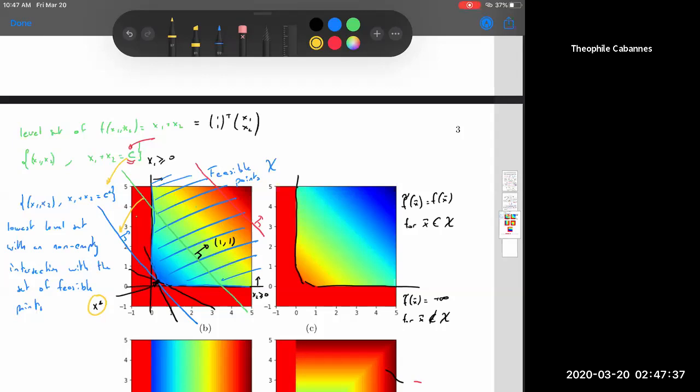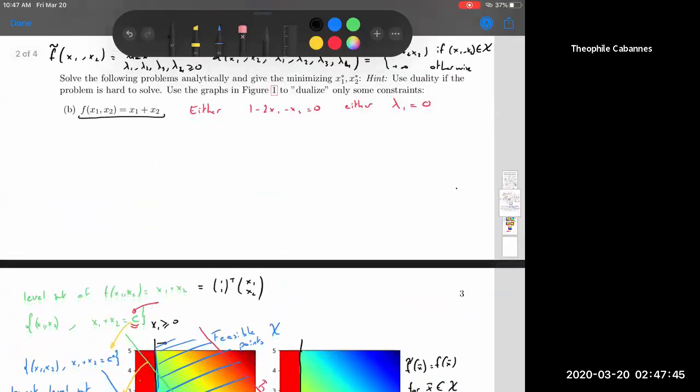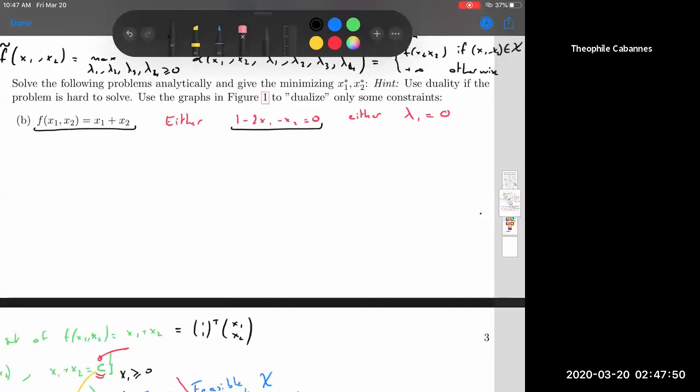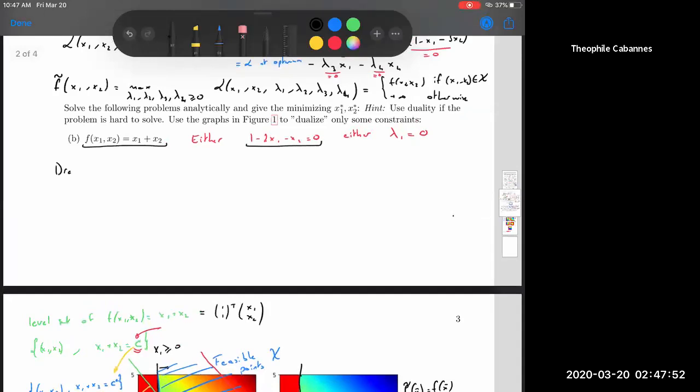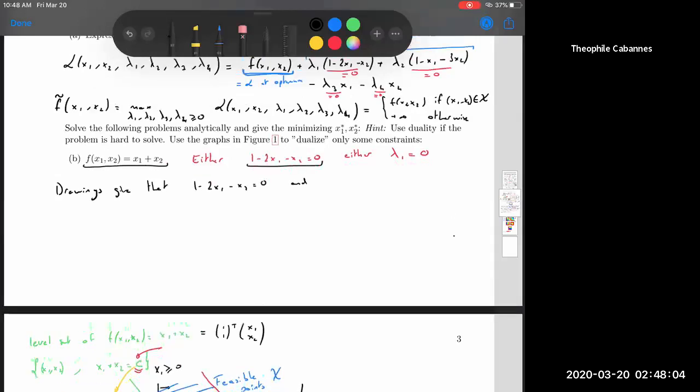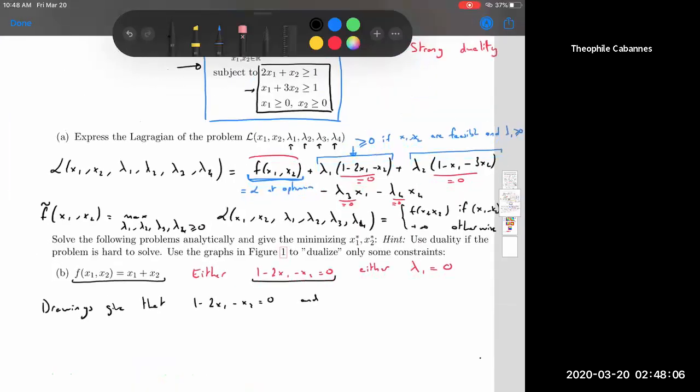Something which is nice by doing this is that you can understand that here you have two constraints active. This one is active. So using drawings gives that probably this is active, and probably the other one, so this one is also active.